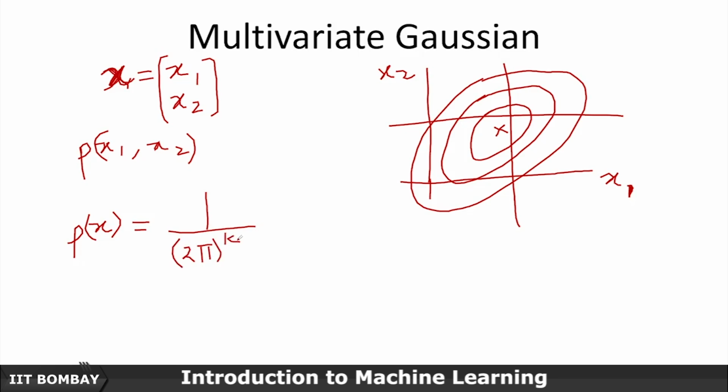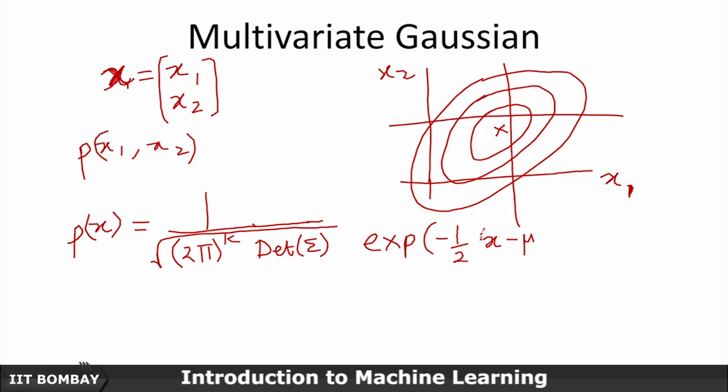So, this could be 2 in this case, but it could be 3 also if you have a 3-dimensional variable, and then determinant of the covariance matrix, this entire thing will be under a square root, and this basically evaluates to the single dimensional Gaussian if k was equal to 1, and then we will have e to the power minus 1 by 2 x minus mu transpose.